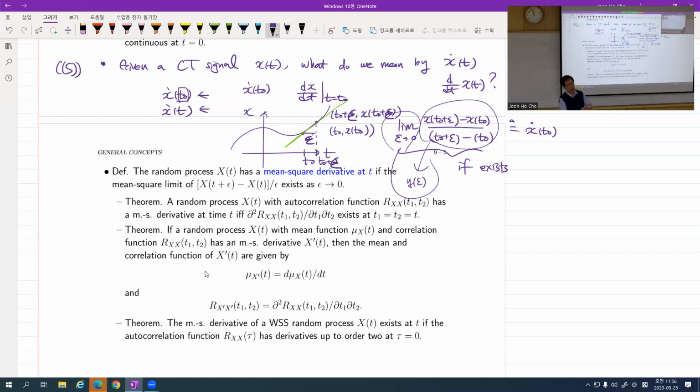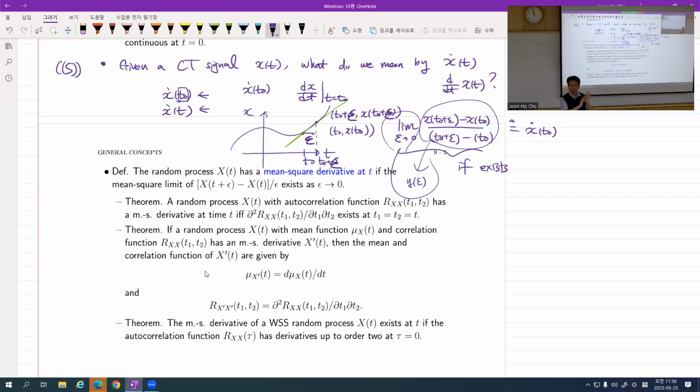Now, suppose that can be obtained for all t. Then what do we say? The function is differentiable. Not just at t0, but for all t, right?